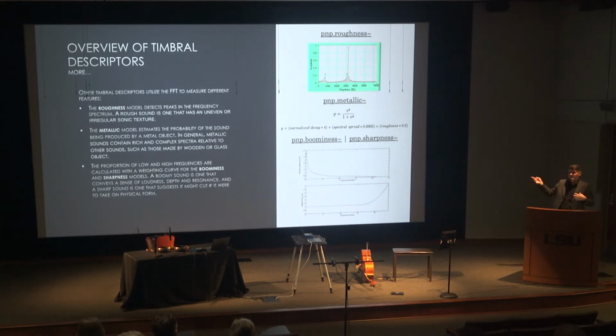The algorithm that boominess comes from is not real time until now, but the researchers who developed it used it to quantify the boominess of car engines, which is kind of interesting. Sharpness is used for appliances like vacuum cleaners, fans, that sort of thing, which have high energies at high frequencies.